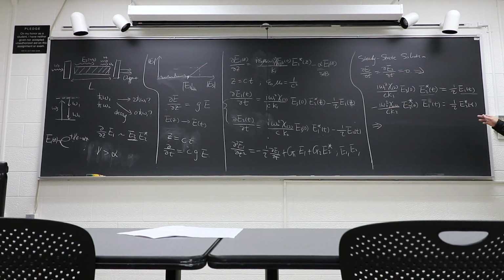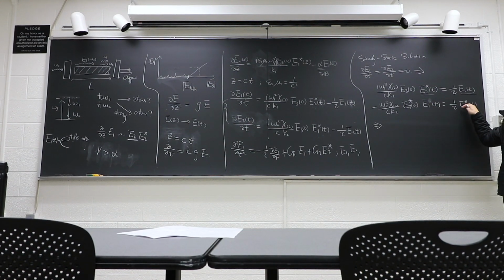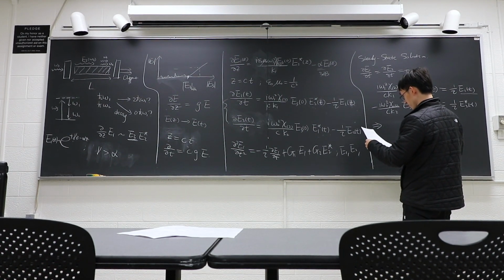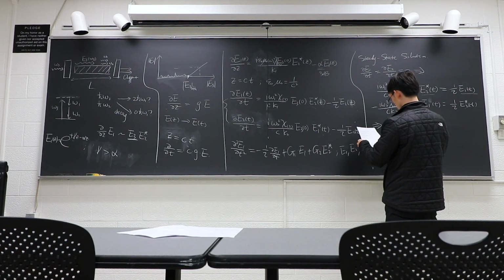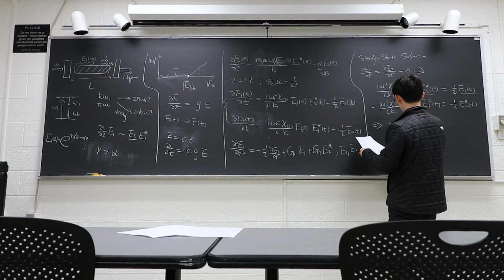A simple way to do this, you can just simply multiply these two equations. Okay. This multiplied by this, and this multiplied by this. And you have E1, E2 star, E1, E2 star. You cancel them. Okay. So this will give you E3.